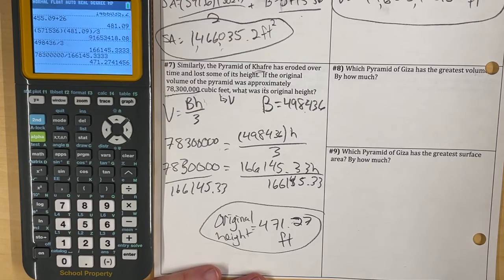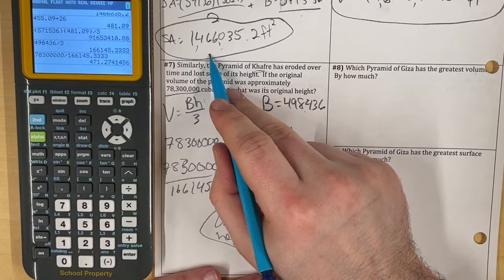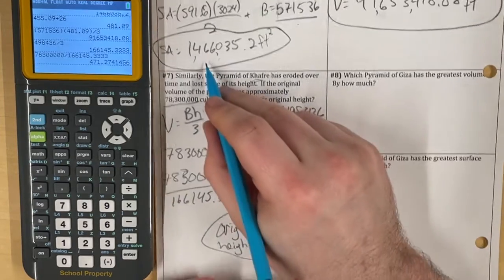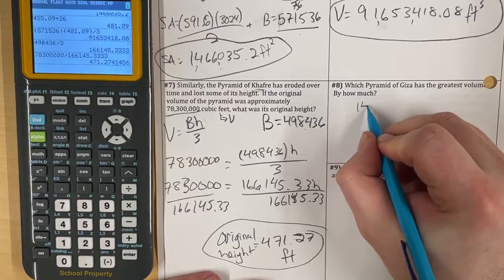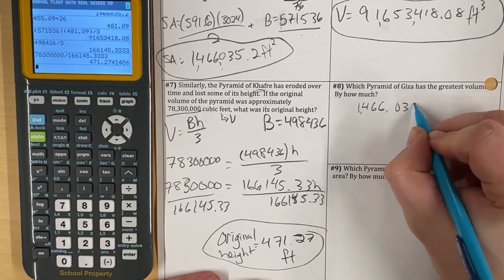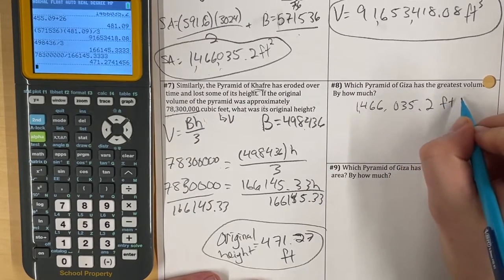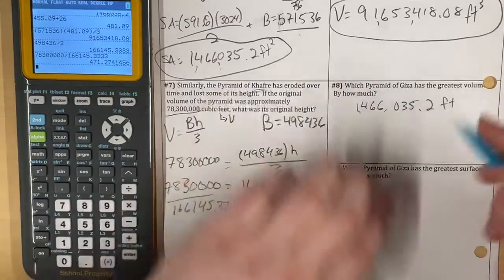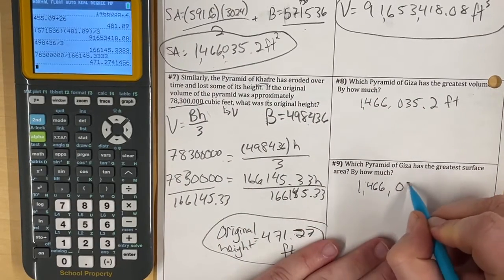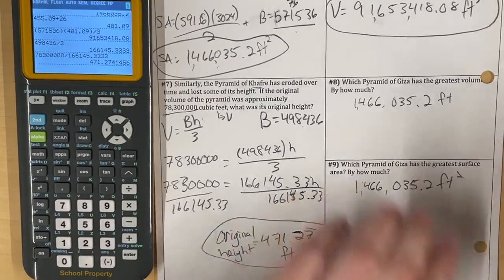So our surface area for Khufu was this 1 million, 466,035.2 feet squared. Again, always check.